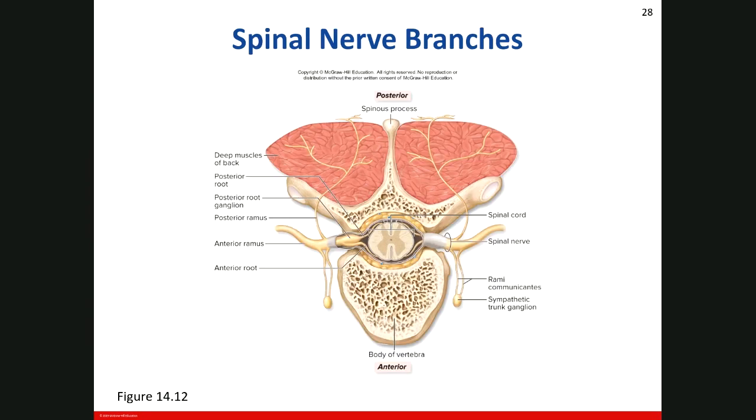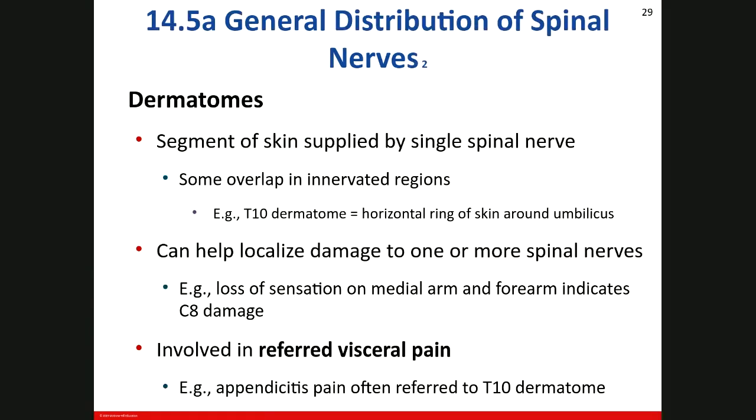So these are the branches which we have for our spinal nerves. The next part which I want to talk about is the dermatomes. We have a term which we call dermatomes, and it talks about the distribution of our spinal nerves. The dermatomes are the parallel layers and segments of our skin which are innervated by single spinal nerves.